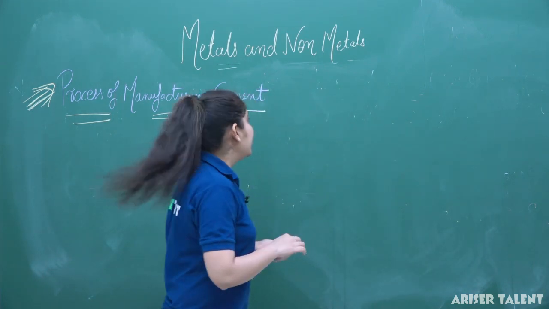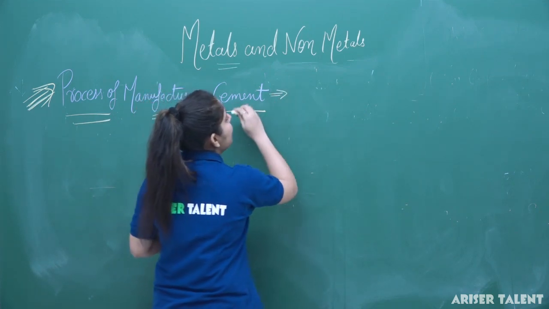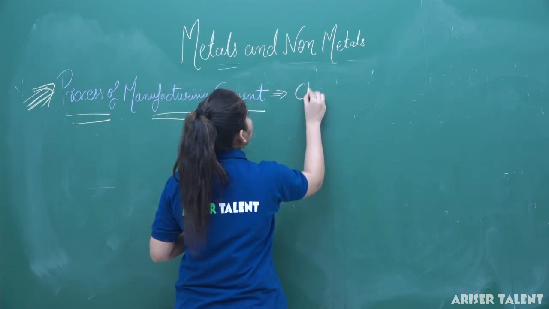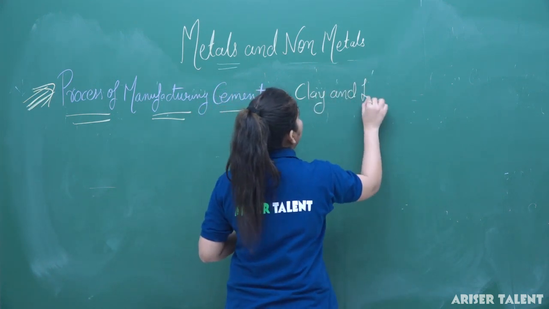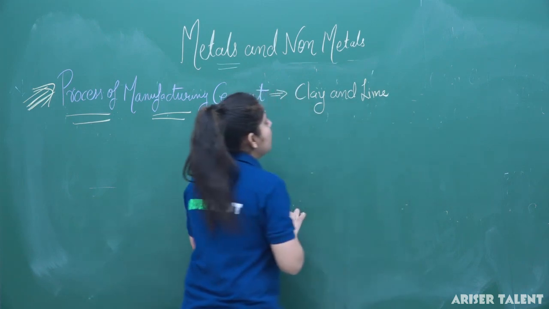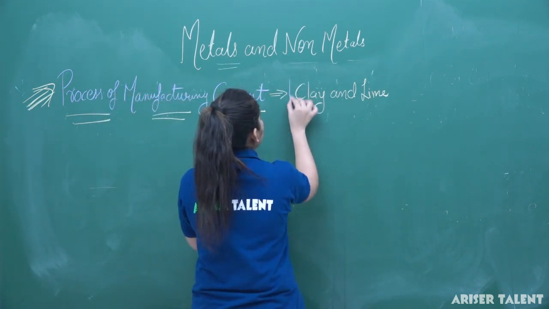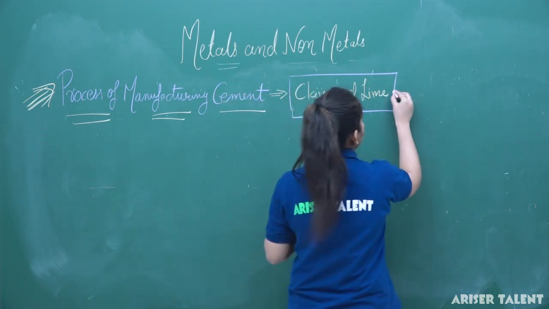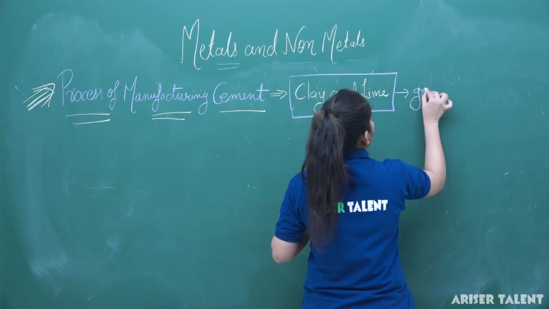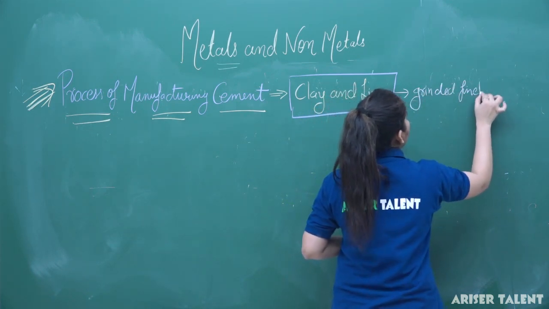So what happened earlier? In our step number 1, we take clay, that is SiO2, and lime. These clay and lime are ground finely into powdered form.